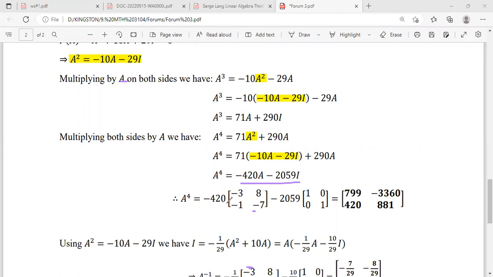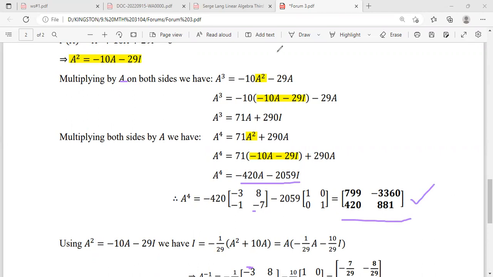Now I will just have to substitute the value of A here and the value of I, do the necessary simplification, and you see the answer is this here. Okay, we'll verify that. You can use software on a computer to see that your answer is that. You can use a calculator to find that that is the answer.